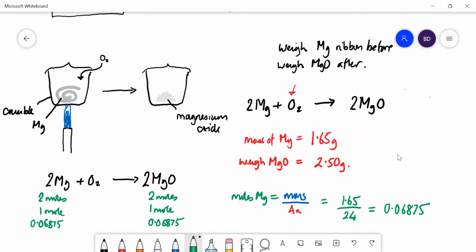Right, okay. So this is the moles of magnesium oxide. Right, let's work out the mass of the magnesium oxide then.